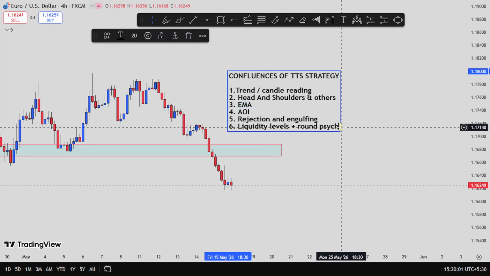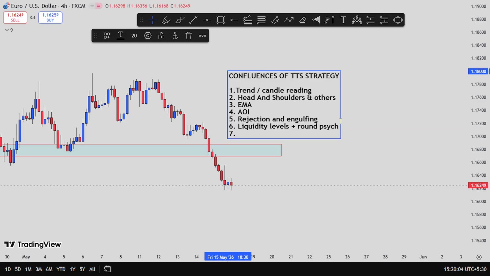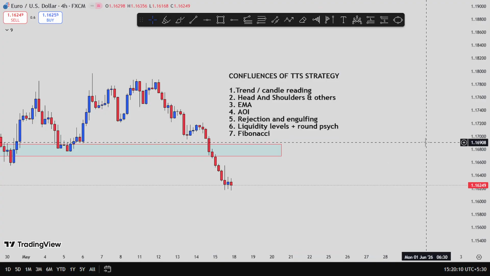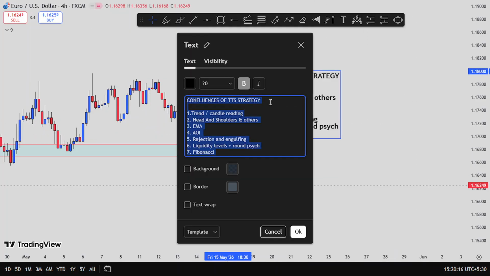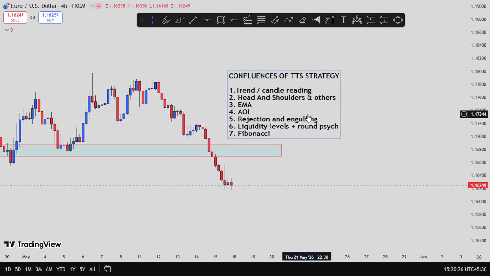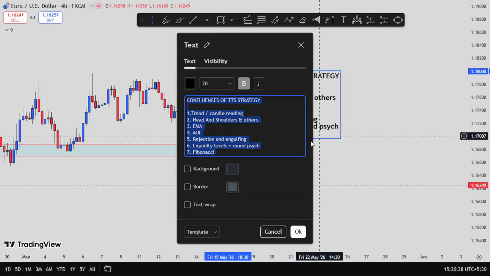We just missed one more point over here, the Fibonacci. Now it is not that if I take a trade I'll see all of these 7. As I told you, my main structure depends on this trend and candle reading. If that shows me the correct thing and my AOI, then I would go 1 point ahead.